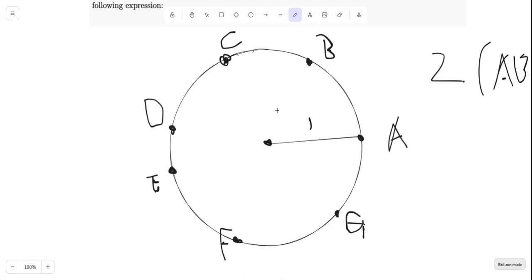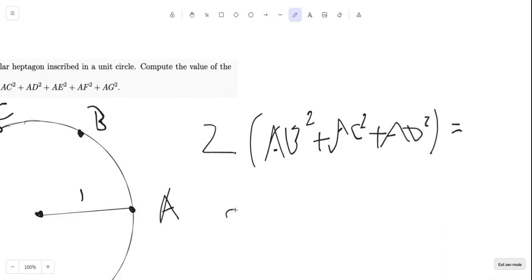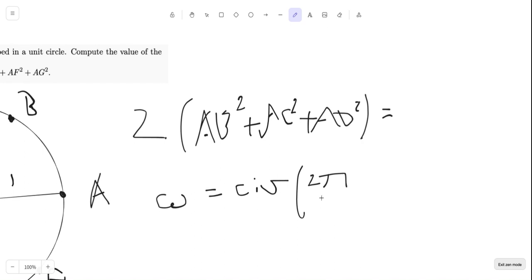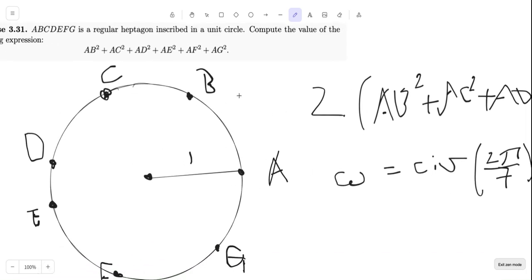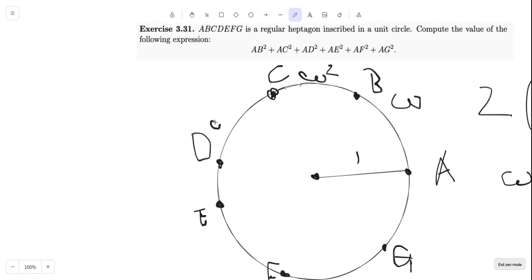Since this is a unit circle, if we let the complex number omega be cis of 2 pi over 7, because it's a heptagon, which is also e to the i 2 pi over 7, then if you use complex numbers to represent the points, B is omega, C is omega squared because it's 2 rotations around, and D is omega cubed.